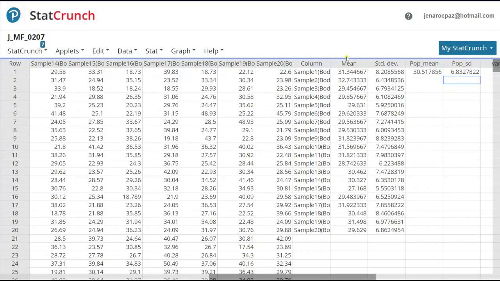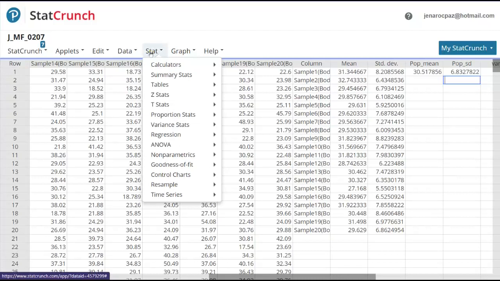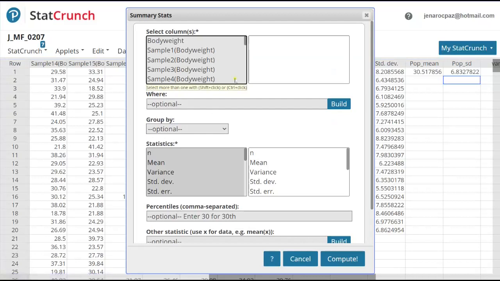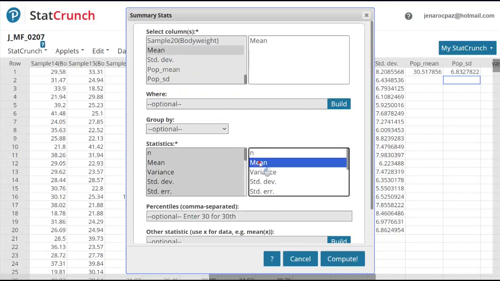Okay, now let's find the mean of means and the mean of standard deviations. Okay, let's go to the column named mean, and let's find the mean.